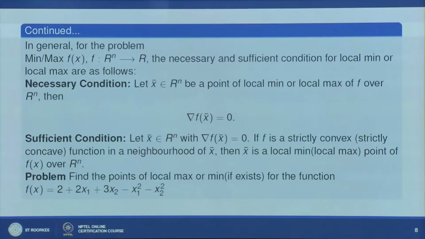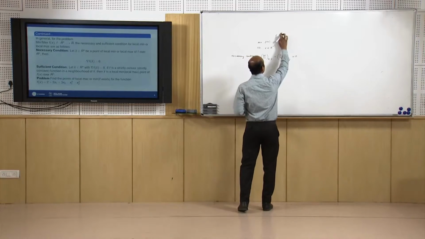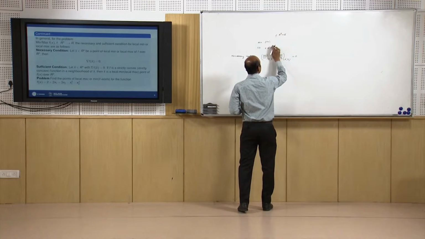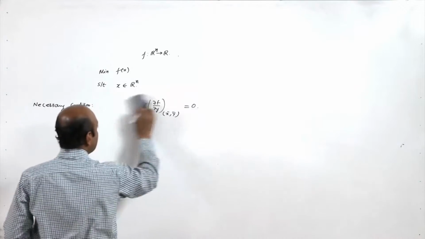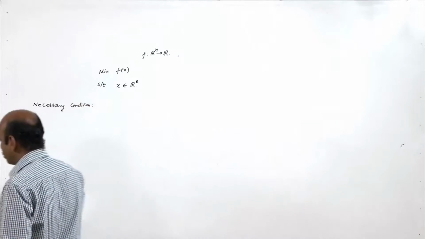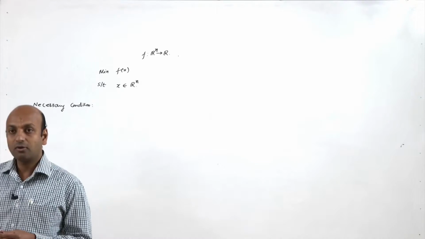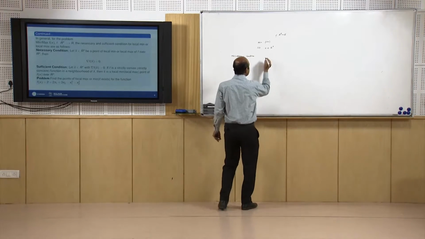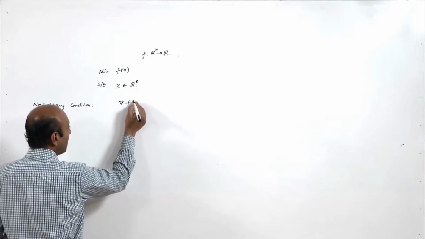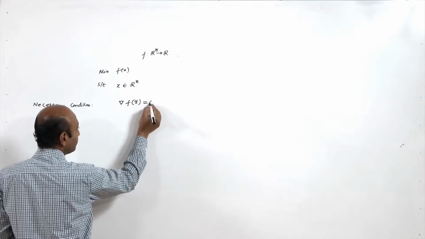Now, the same conditions we can generalize for a function from Rn to R. So, how can we find the necessary and sufficient condition for a point to be local maxima or local minima? For that, we first find the necessary condition: the gradient of f at x bar must be 0.